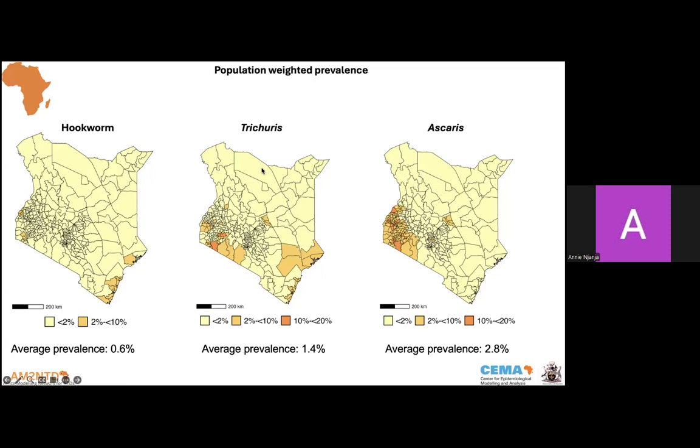As you write your question, Jeannie Victor has asked which geospatial modeling technique was used. Thank you for that question.